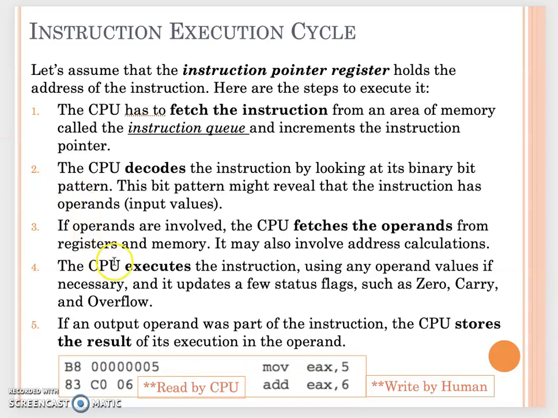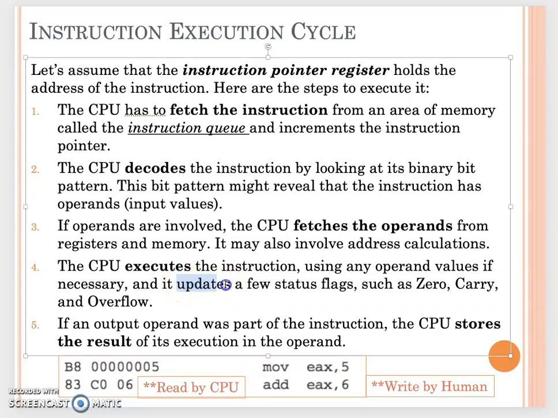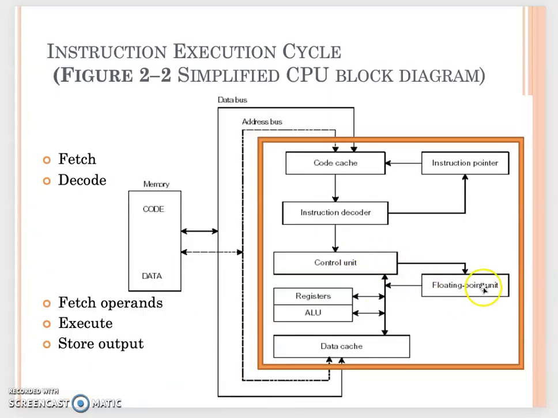Then the CPU executes the instruction using any operand value if necessary. Then they will update a few status flags. Later we will show you the status flags. Those status flags are actually part of the register. When they do the calculation, those calculations are possibly from the register, or possibly from the floating point unit that we need to process.